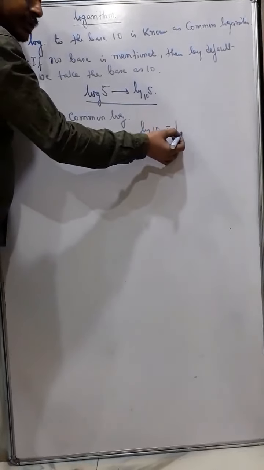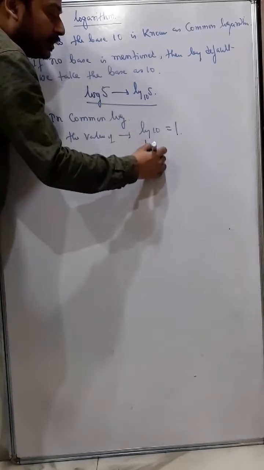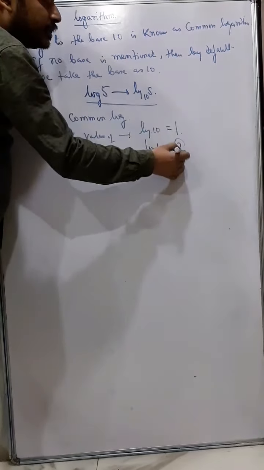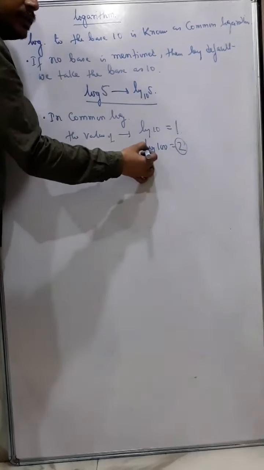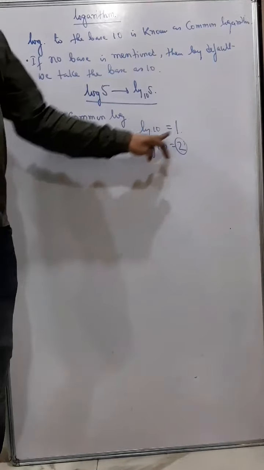So that means instead of log 10 you can write 1, or instead of 1 you can write log 10, because 1 means log 10, log 10 means 1. Similarly, log 100 means 2. So when I say only 2, 2 means log 100 or log 100 means 2. So in place of 2 we can write log 100, or in place of log 100 we can write 2. It depends.